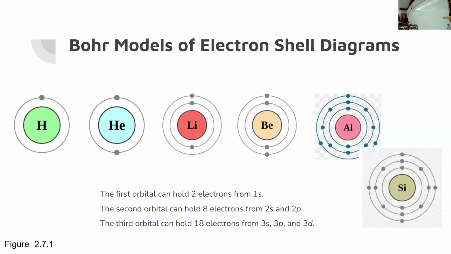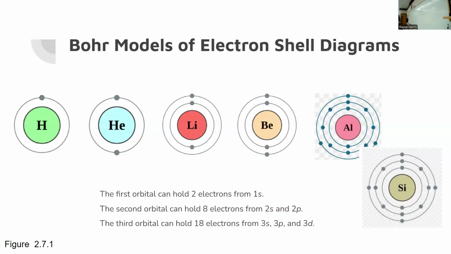What I was trying to get at is, whatever row an element is on, helium and hydrogen are on the first row, lithium and beryllium are on the second row. So the number of rows corresponds to the number of electron shells. And the column tells you how many electrons are going to be in that outer shell. Lithium is in column 1, so it has 1 electron in its outer shell.